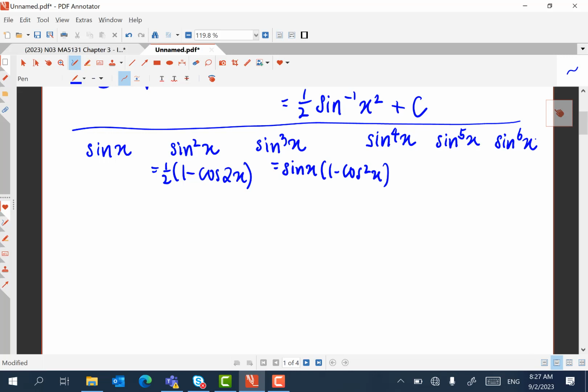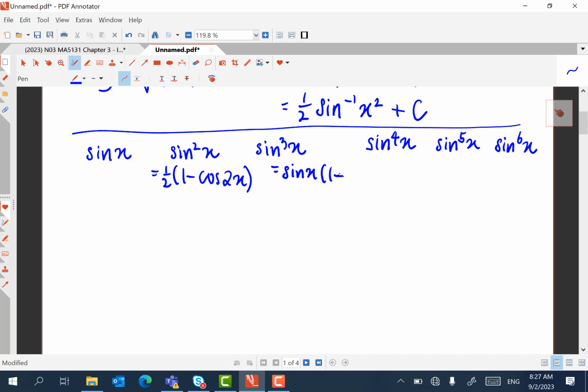Sine cube: I change the sine square to 1 minus cosine square. The sine cube is written as sine x times sine square, and the sine square is replaced as 1 minus cosine square. Okay, I write again. Cos square x.